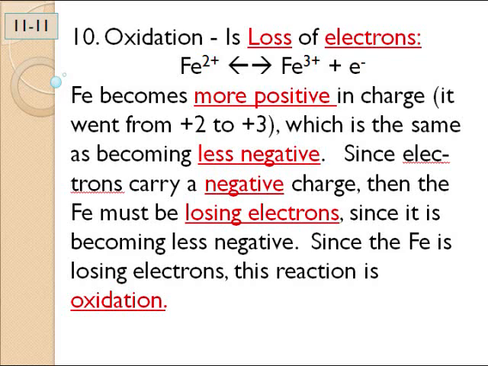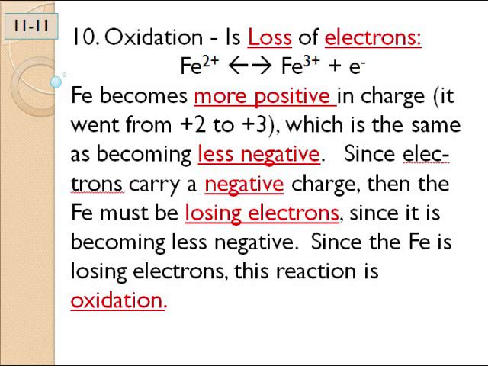So if you oxidize fluorine, or OIL RIG, oxidation is loss. If you lose electrons, you have to become more positive, right? And when something is oxidized, it gives off the energy. When I reduce you, I store the energy because you gained the electron, right? When I oxidize you and pull it back off again, you release the energy.